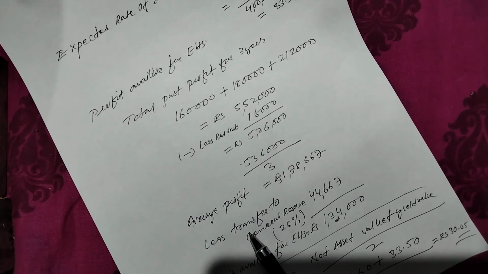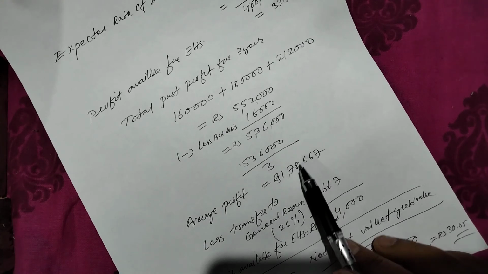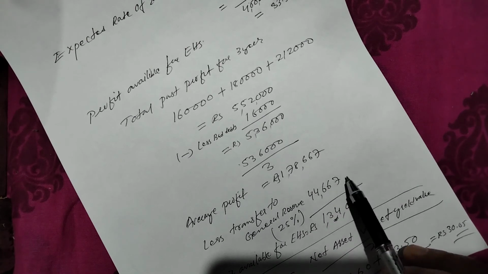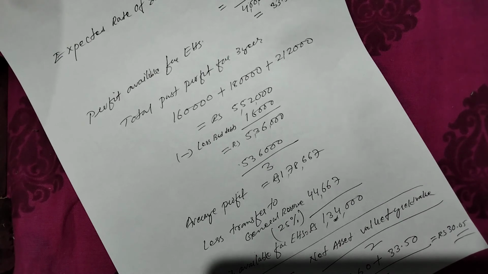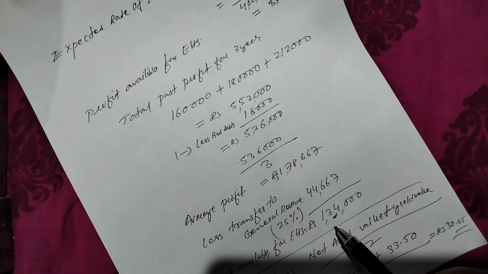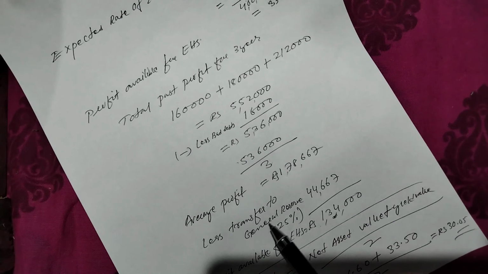When you less transfer to general reserve 25% of this, it comes to 44,667. When you deduct it, it will be 1,34,000. So this is profit available for equity shareholders after general reserve.